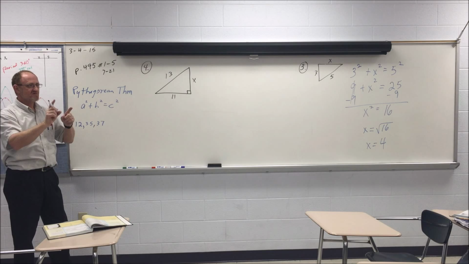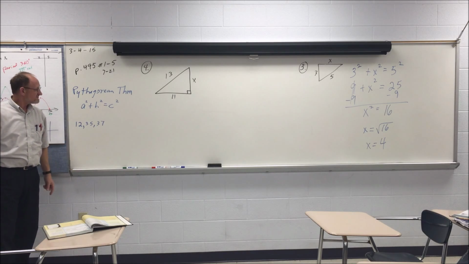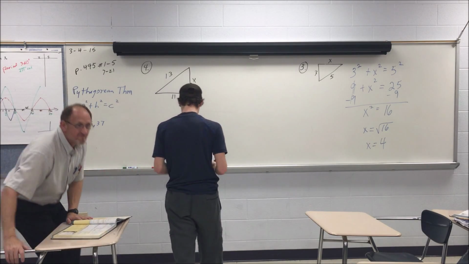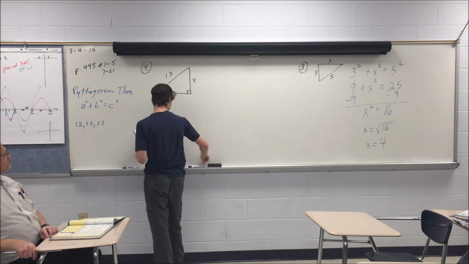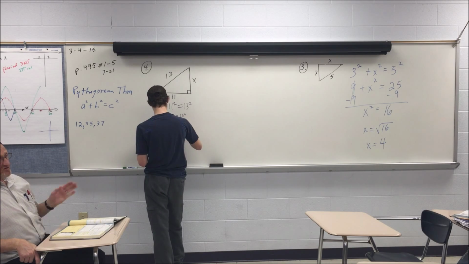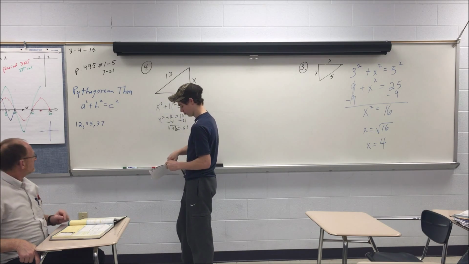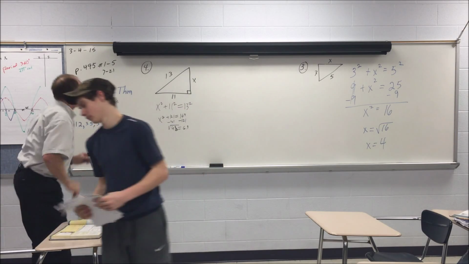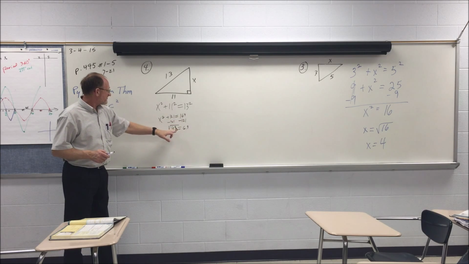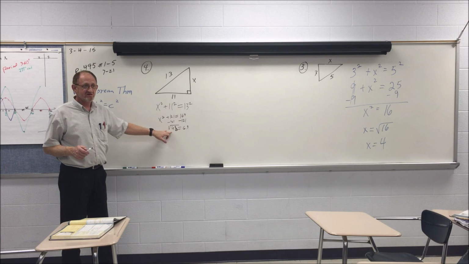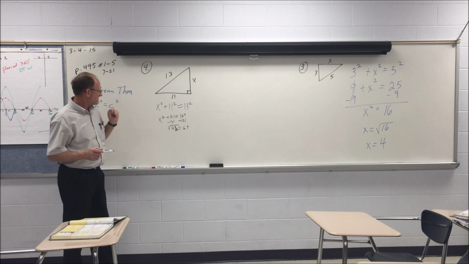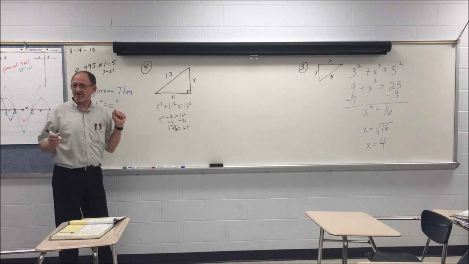I'll do it. Okay. So you subtract 121 off of both sides and you get 48. And then you take the square root of 48 to find your x. And that gives you 6.9.